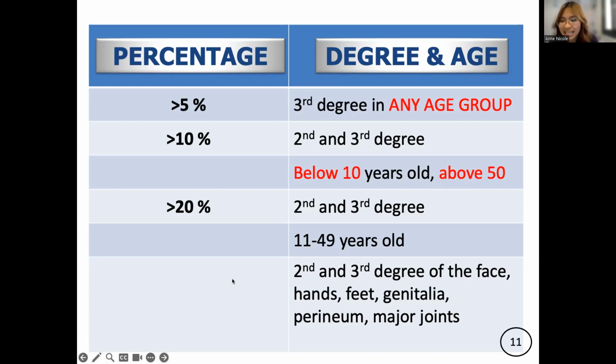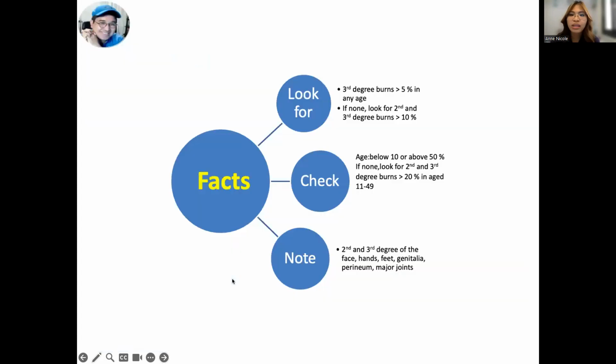Now, to make it easier for you guys to see who you will prioritize, first, you look for the third degree burns of more than 5% in any age group. If there is none, you look for the second and third degree burns of more than 10%. You check for the age.